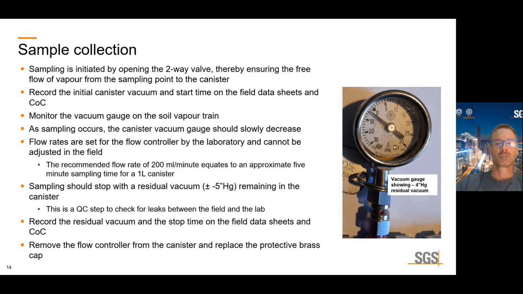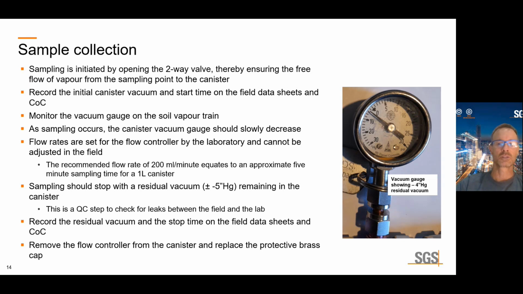As an example, a flow rate of 200 milliliters per minute equates to approximately 5 minutes worth of sampling for a 1 liter canister. Remember, sampling should always stop with a residual vacuum, approximately 5 inches of mercury in the canister.